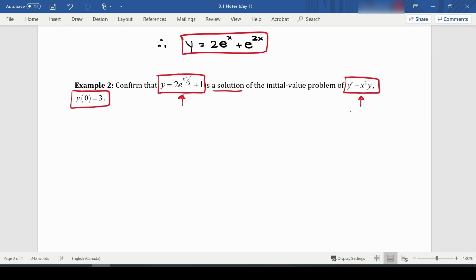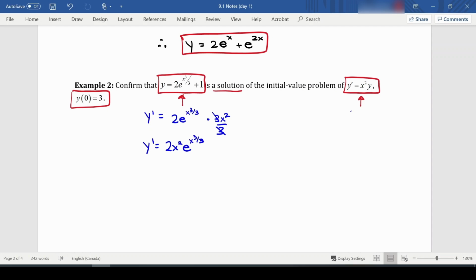So in order to figure that out, we first need y prime. y prime would be 2e to the x cubed over 3 times 3x squared over 3. Again, chain rule is needed when you do the derivative of this, which gives us, those 3's cancel out, 2x squared e to the x cubed over 3 is my y prime.